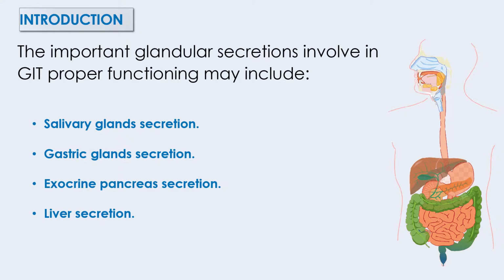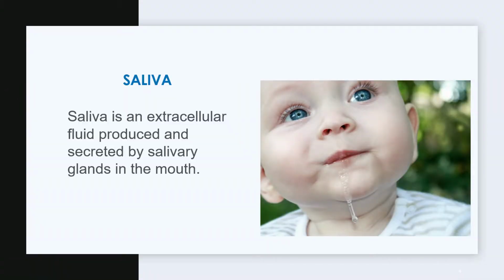And you know the salivary secretion is saliva. So this is a cute baby and the saliva is coming out of the mouth. This is the best picture I found for the saliva. Saliva is basically extracellular fluid, and it is produced and secreted by salivary glands in the mouth.